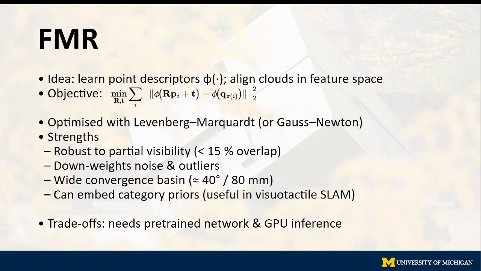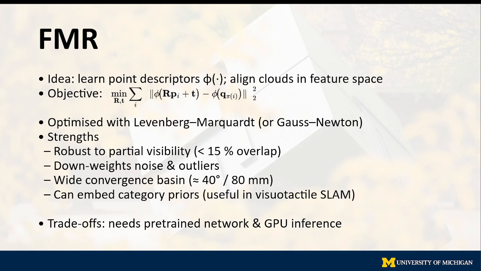Feature metric registration takes a different approach. Instead of comparing raw coordinates, it uses a neural network encoder to embed points into a layered feature space. We then optimize the transform so that the features match, not just positions. Using Levenberg-Marquardt for optimization, FMR is robust to noise, outliers, and even low overlap, as little as 50%.